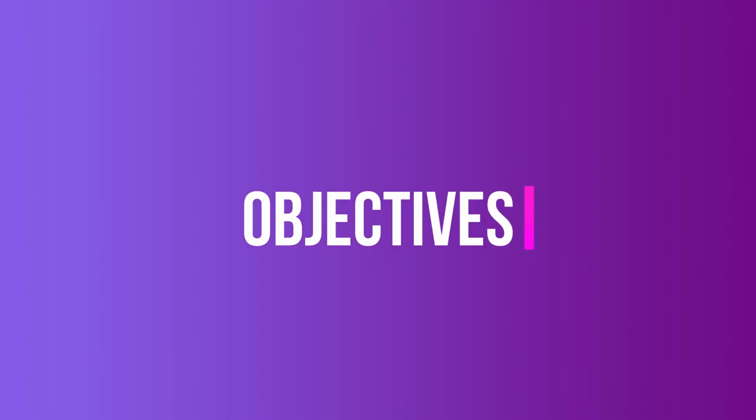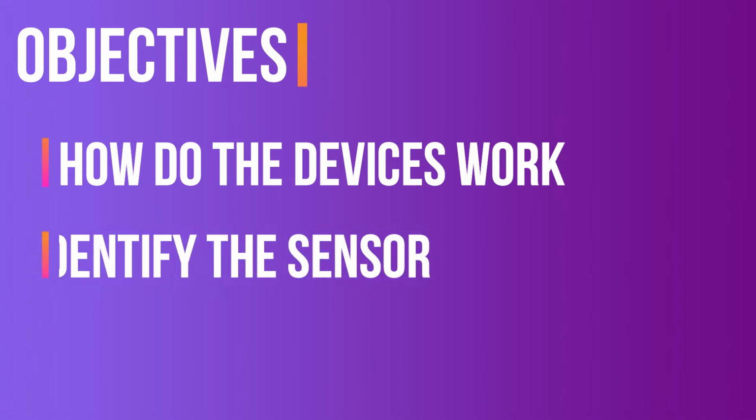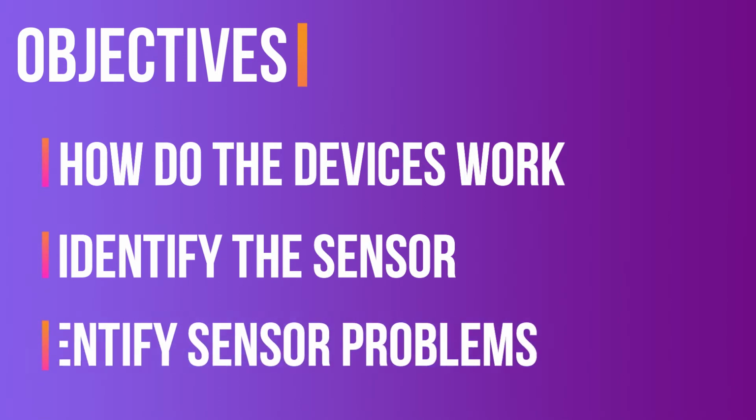But how do they work exactly? Thus, we came to the conclusion that in this field study, we need to know more about how this temperature measuring device works. How do they operate? What are the sensor components used in this device? What are the problems encountered?